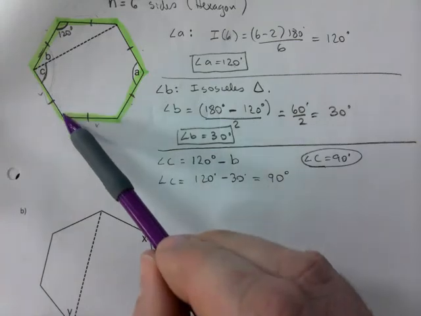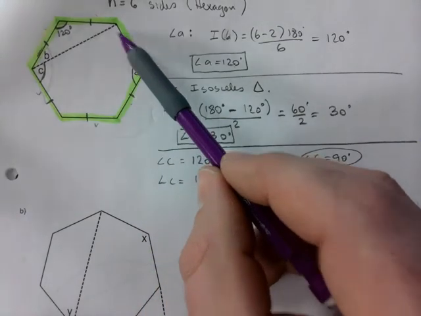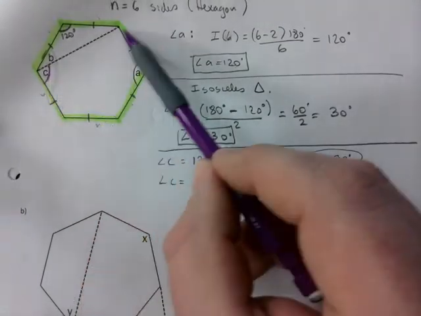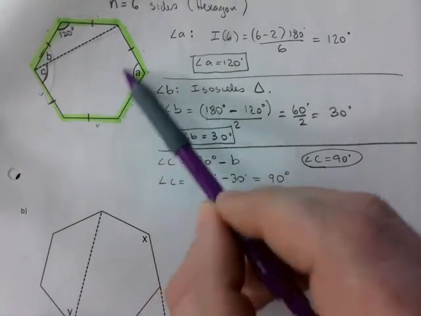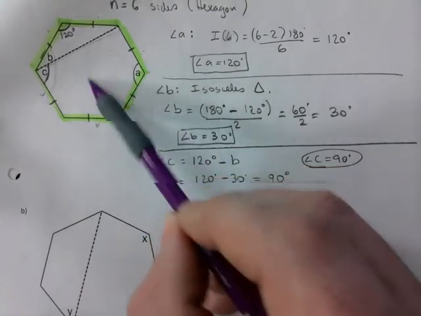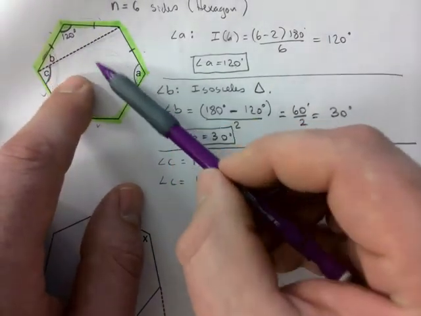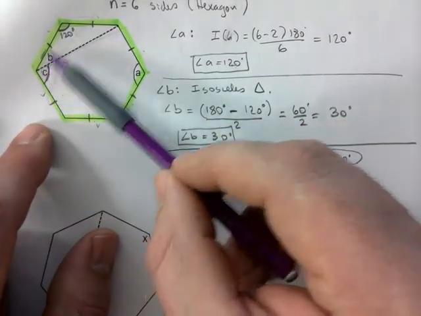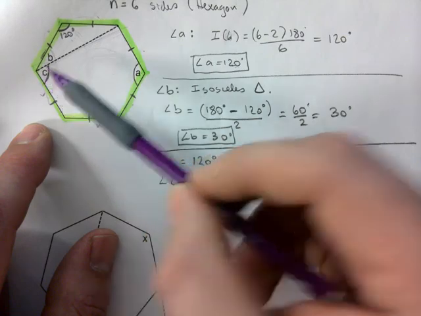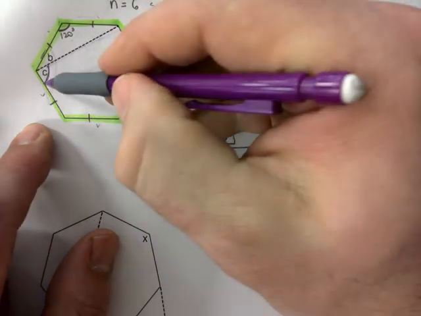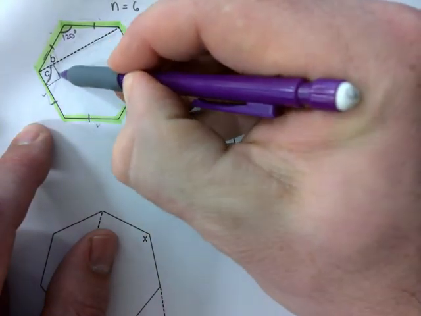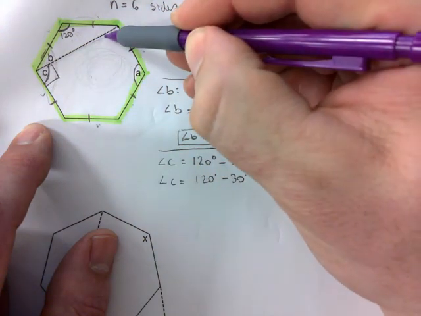What shape do you have on this side? 1, 2, 3, 4, 5, right? That's actually an isosceles pentagon. But there's no need to work with it, right? If they're right next to each other, it's probably easier to just work with a triangle and find this, because if this is 90 here, what do we know about this angle out here?